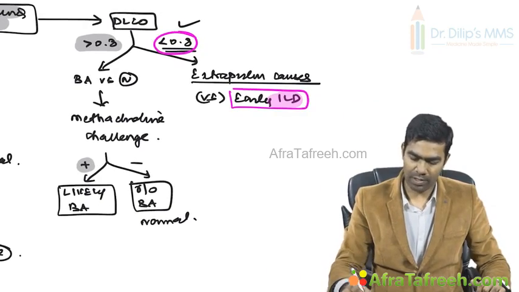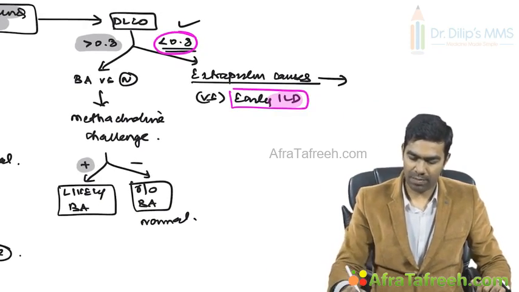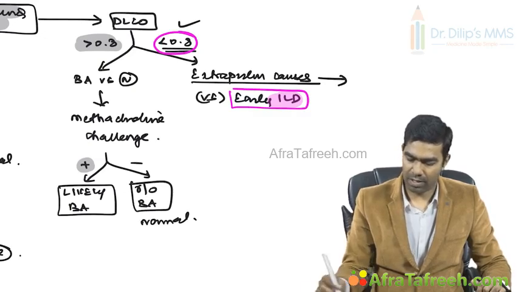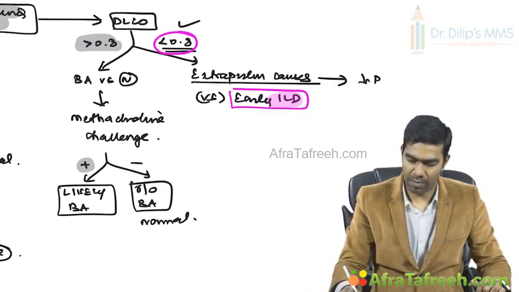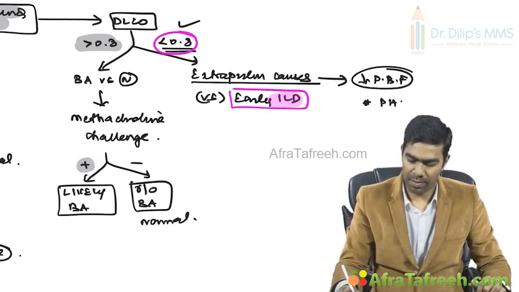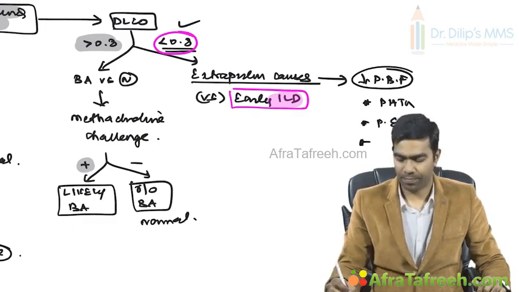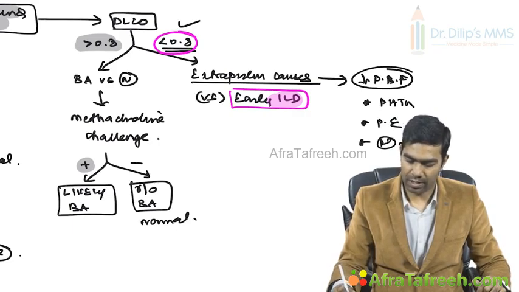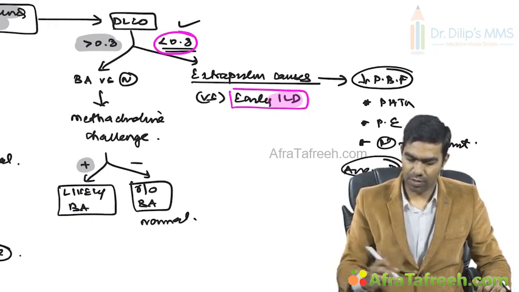Or it could be some extra pulmonary causes where the patient can have conditions that produce reduced pulmonary blood flow. Typically, that's what they will ask. For example, the patient may have pulmonary hypertension, pulmonary embolism, or a right to left cardiac shunt, or severe anemia. Clear? So, anything can be there.